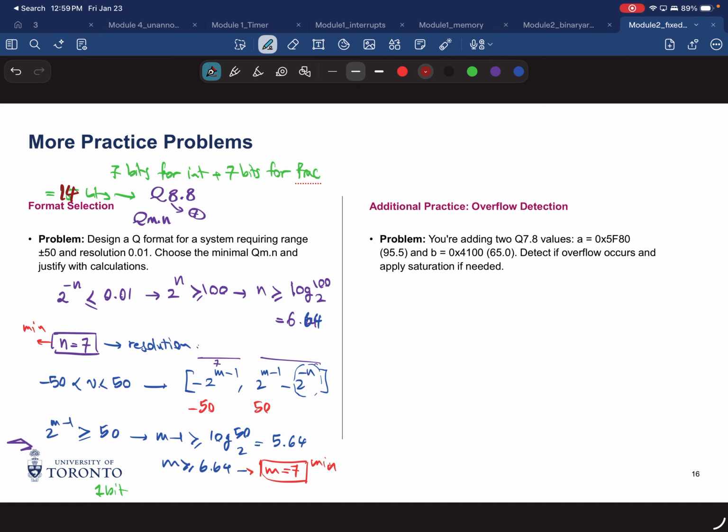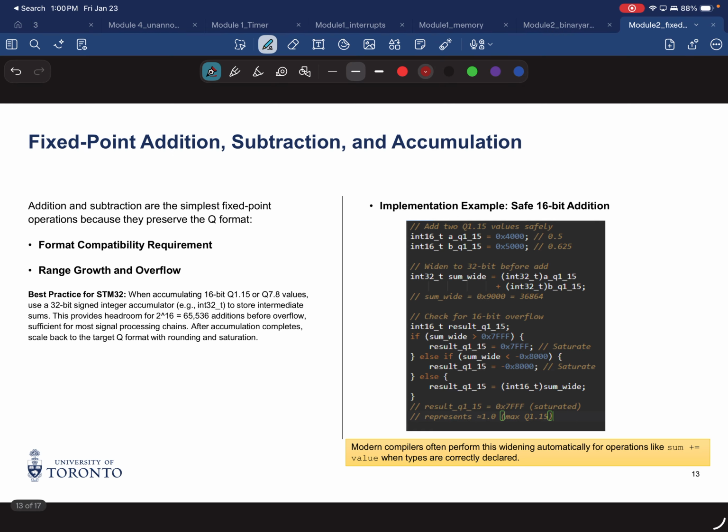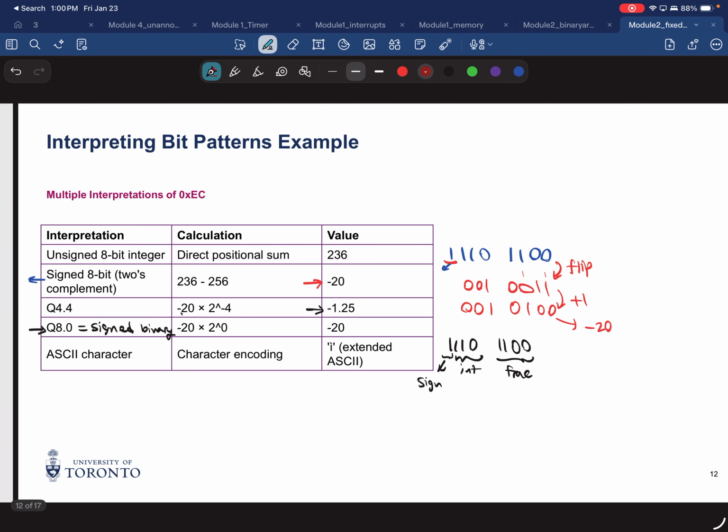But still, the standard we should use is Q8.8, because those are the minimums. Why is n 8, not 7? We said the n that we need is 7, minimum. But in the standard form, we use 8.